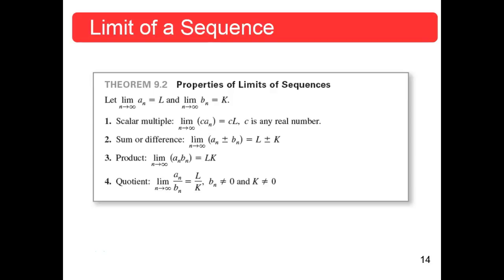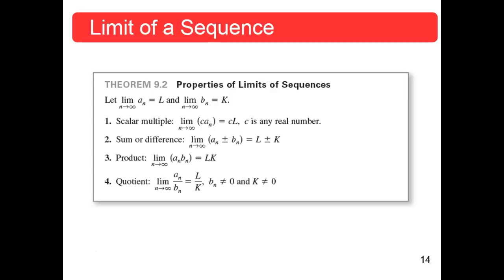Let the limit as n approaches infinity of a sub n be L. So in other words, we do have a limit. Now these are properties. Let's say that the limit as n approaches infinity of b sub n also has a limit, and it's K. Neither one of these are infinities. These are numbers.